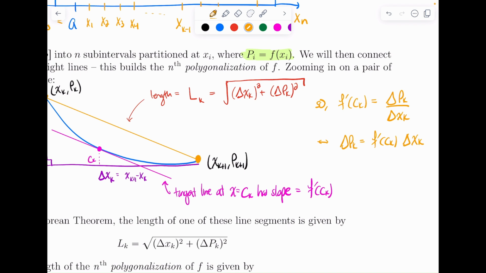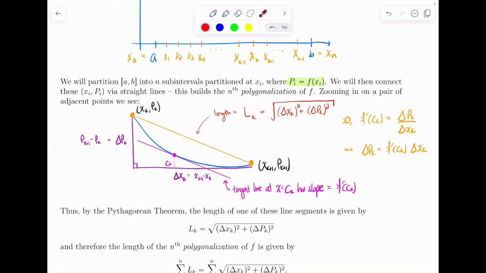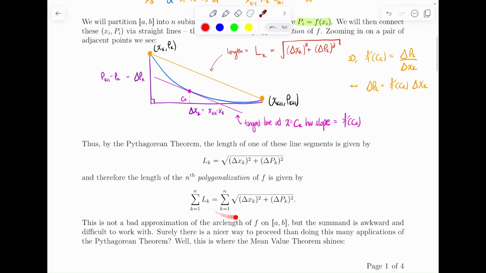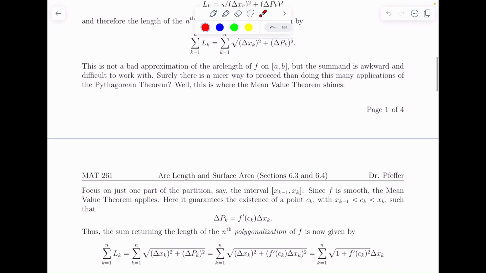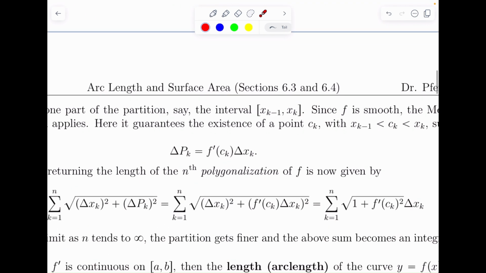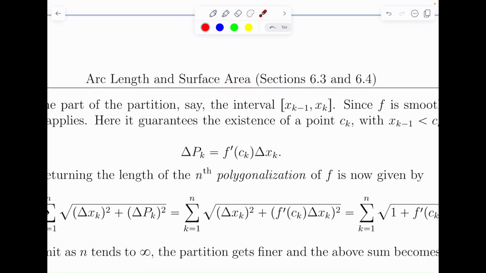So what I'm going to do is use this formula, but wherever I see delta pk, I'm going to swap it for this formulation over here on the right. And when I do that, my summation formula here changes, and we get the following. So here is written in text the fact that delta pk can be written as this by the mean value theorem.